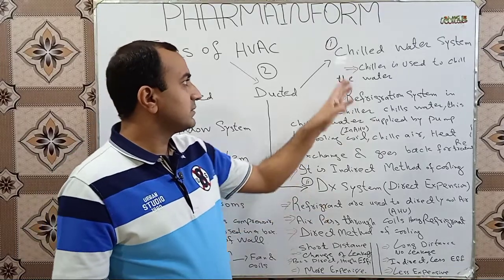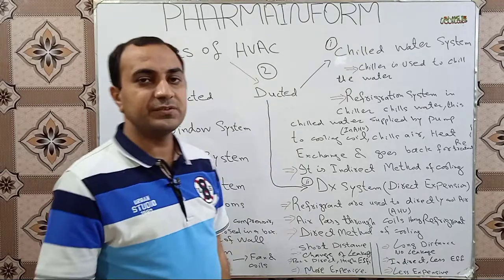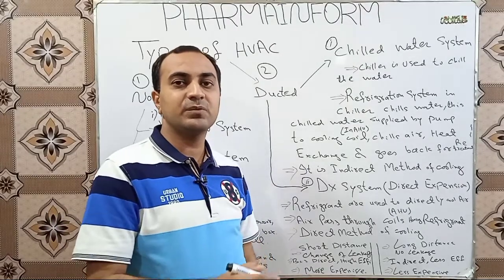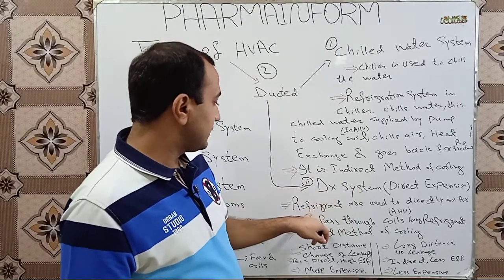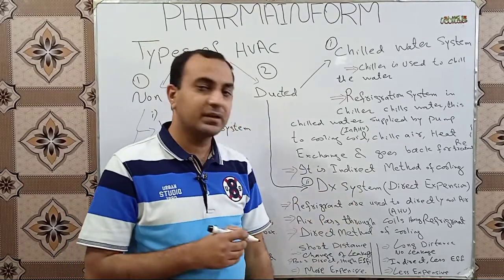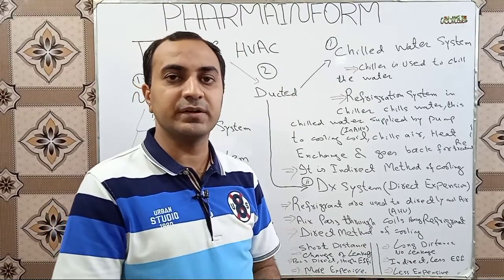The next type of ducted system is the DX system, or direct expansion system. Basically in a DX system, refrigerants are used directly to cool the air.